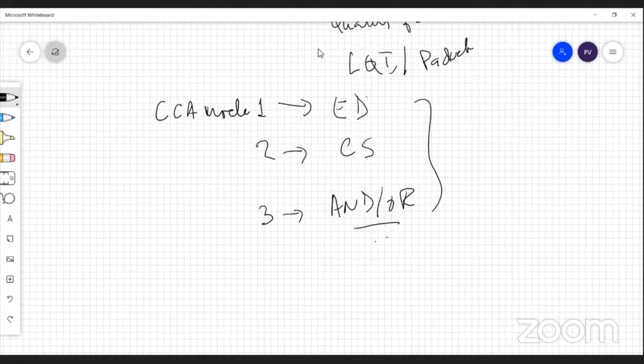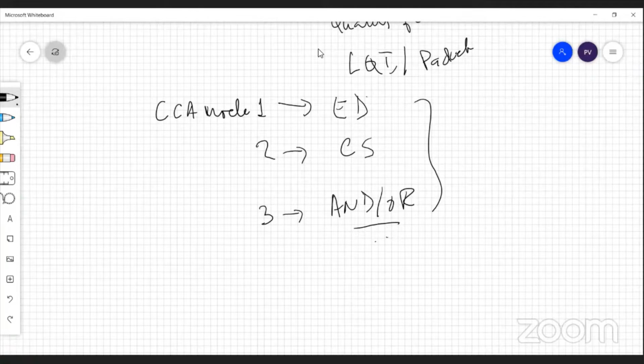If you want to do AND, you take both and you declare. It's a very hard way to declare, but you'll be sure that the channel is free. You may want to do OR also, so that's another possibility. So these are some important things in the 15.4 system.